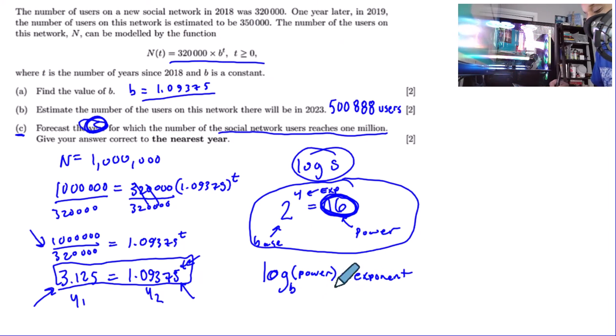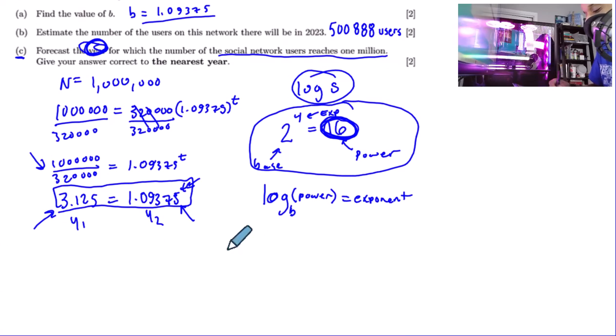So watch. In this example, it would be log base 2, my power is 16, and what the answer is saying is, with my base 2 and my power answer being 16, my exponent has to be 4. So now this is in terms of finding an exponent.